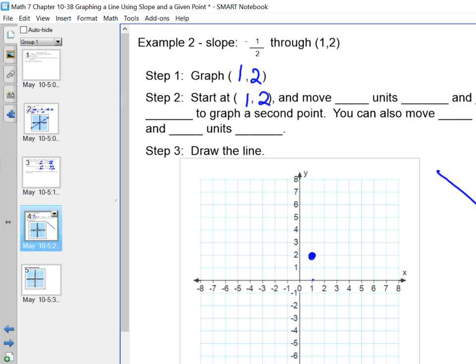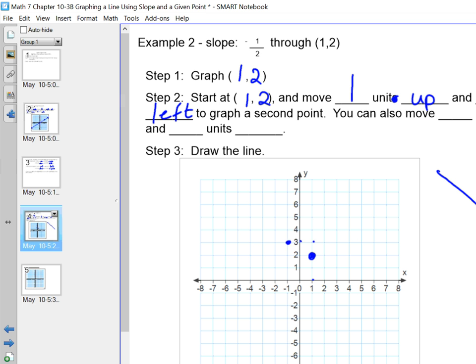So if we go to our right, we're not going to be able to slide down the line. And there is a typo here. It's supposed to be 1 unit up, and then 2 units to our left. Because remember, I want to slide down the line. So I'm going to move up 1 and left 2.